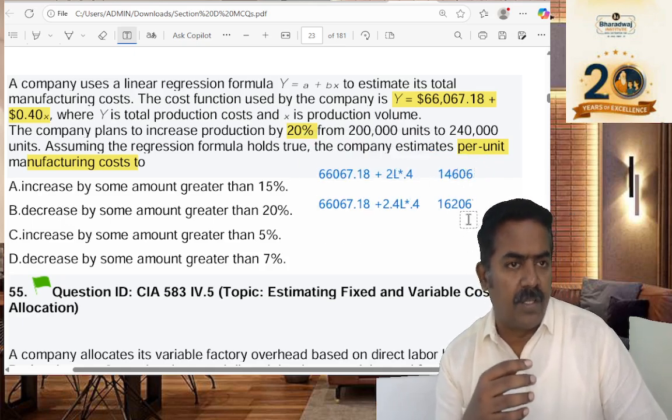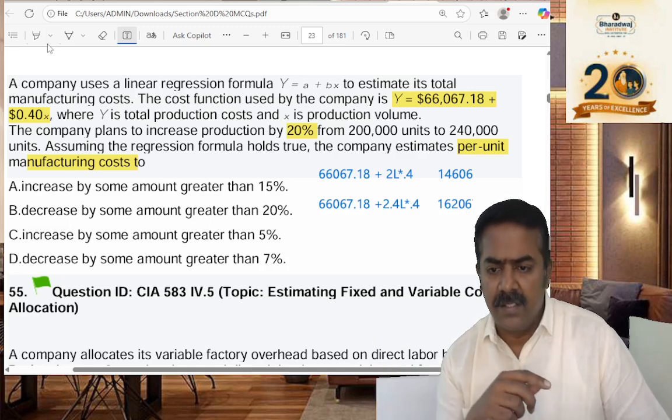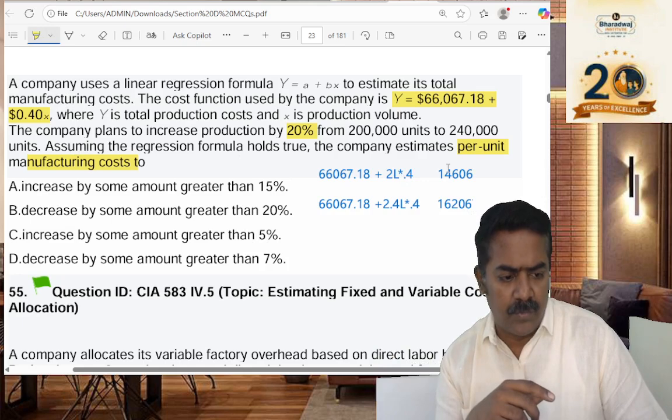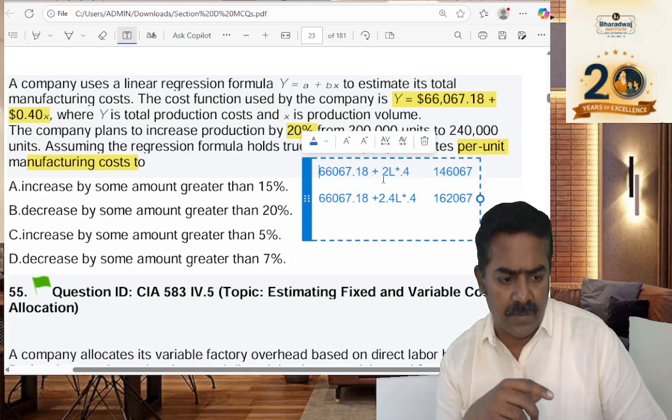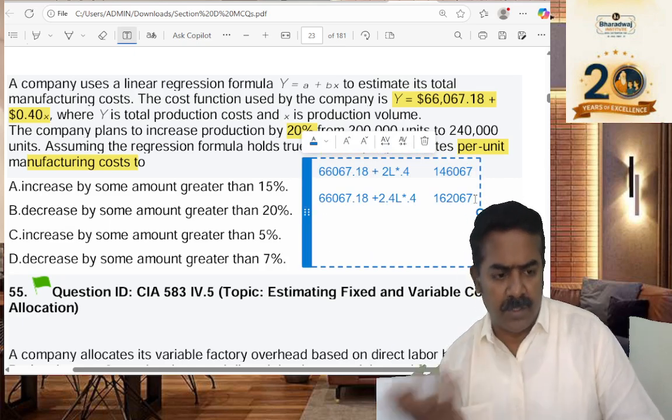Work out per unit cost, then see the change. 146,067 divided by 200,000. Let us work out that also, no issues.